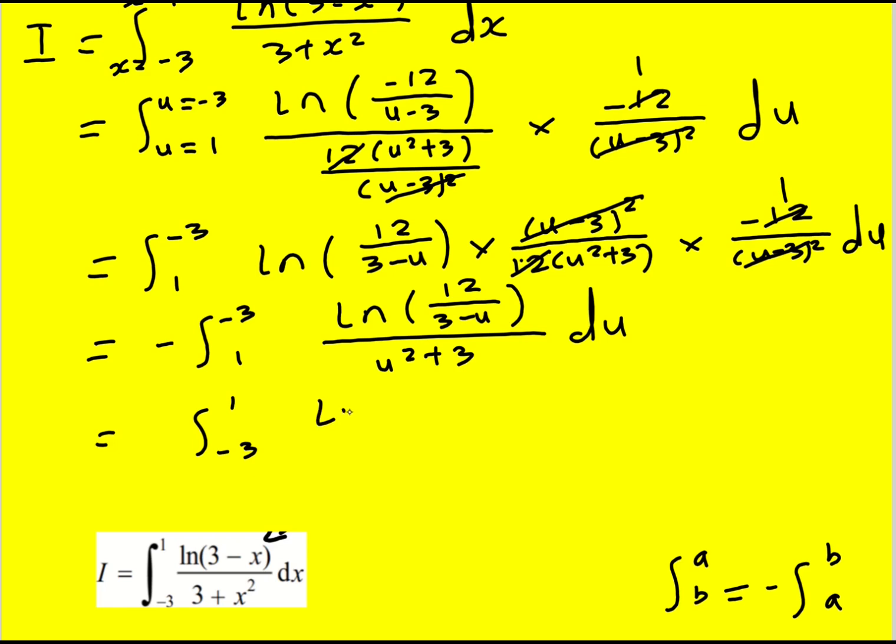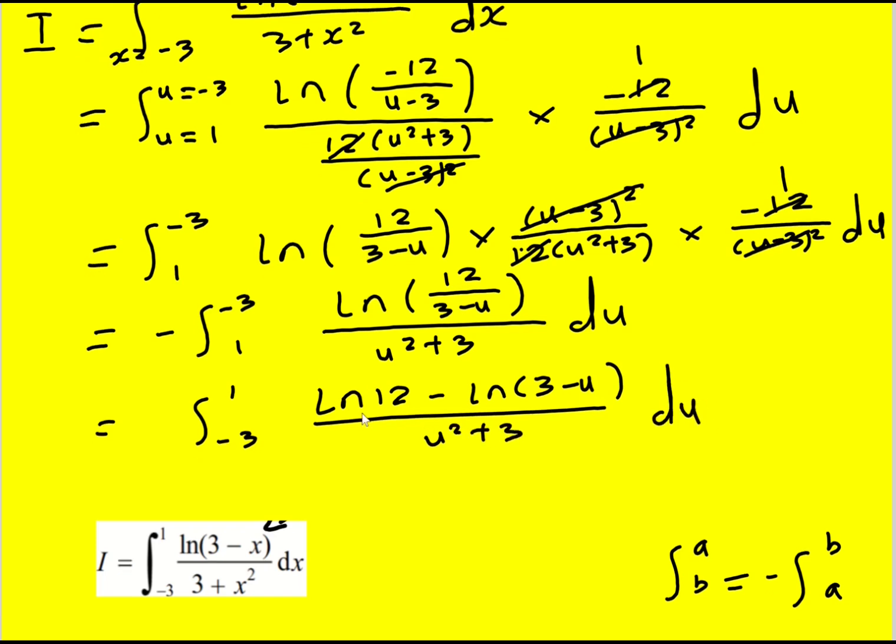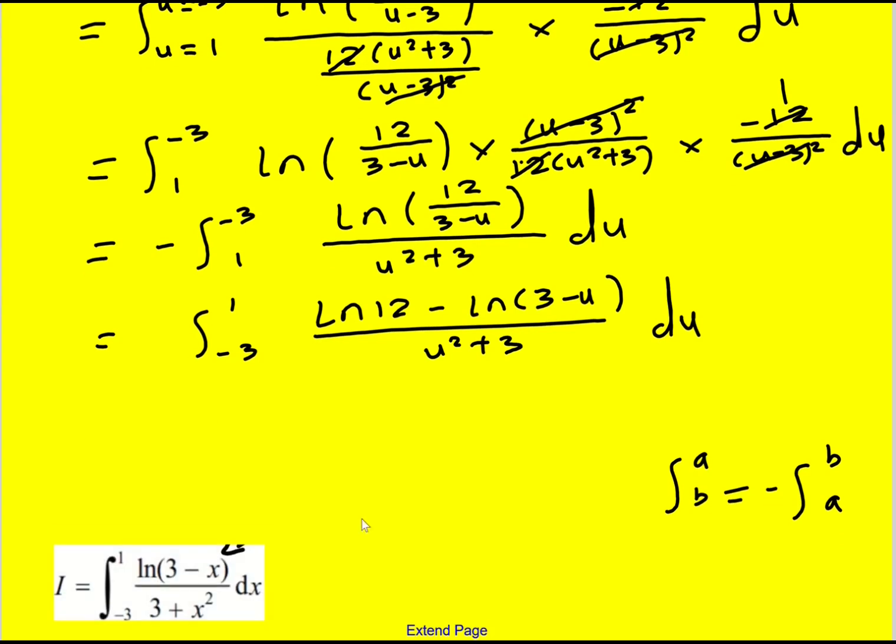And then I'm also going to write this as ln 12 minus ln 3 minus u. And then I'm going to write it as two separate integrals.